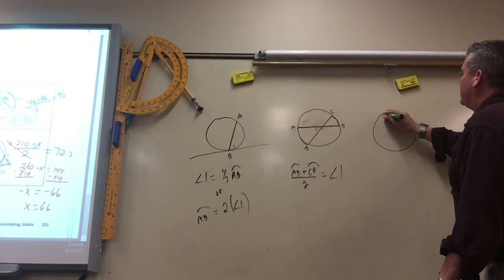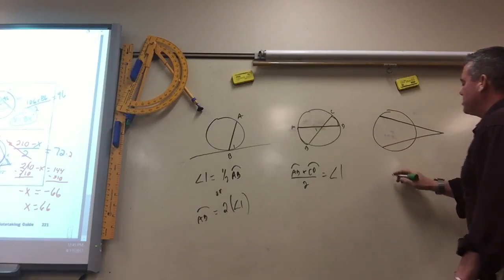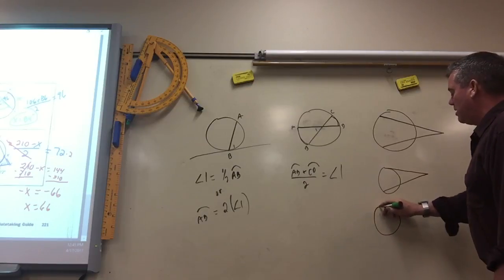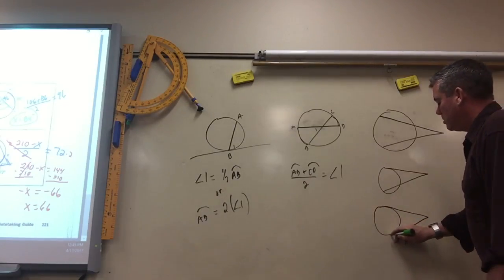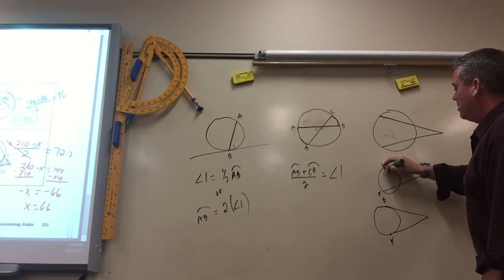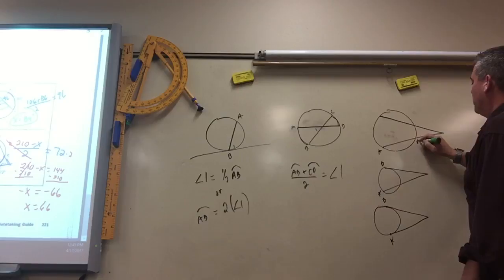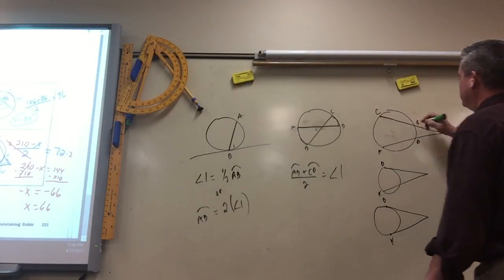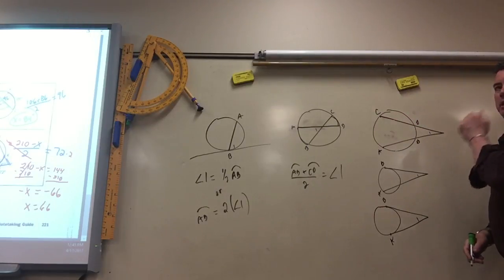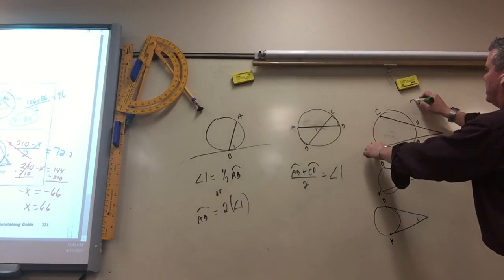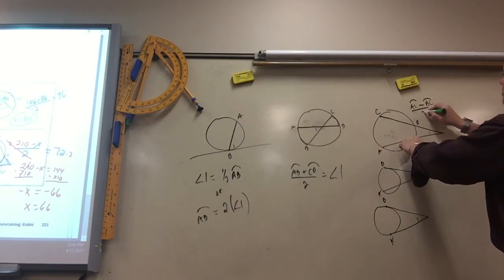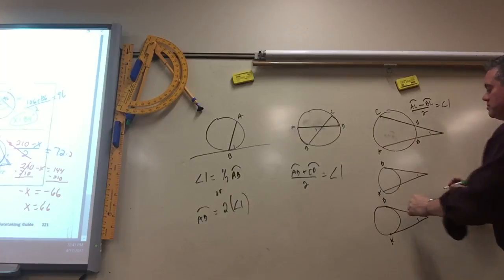If it's outside, it doesn't matter if it's like this, or if it's a tangent and a secant, or if it's 2 tangents. Okay? You take the arc minus the arc divided by 2. So this one would be AC minus BD divided by 2 to give you the angle.